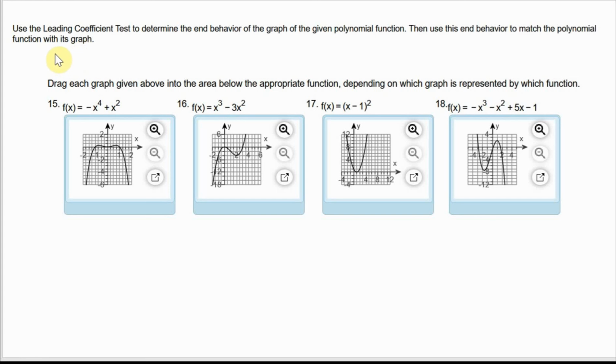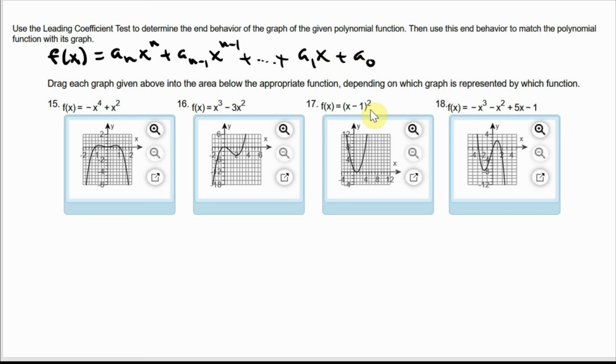We have f of x defined as a sub n times x to the n plus a sub n minus 1 times x to the n minus 1, and so on, plus a sub 1 times x plus a naught. So we consider n our degree and a sub n the leading coefficient.